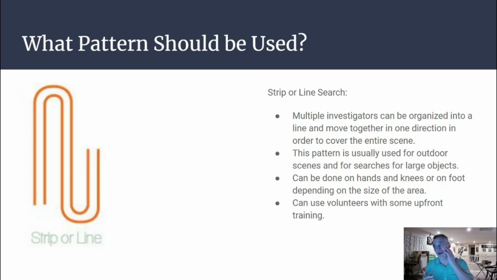So a lot of times when maybe they're looking for a body that they got a tip has been dumped out into a large area, you can actually get a big line of people kind of walking through. One organization that does this is Red Rock Search and Rescue.